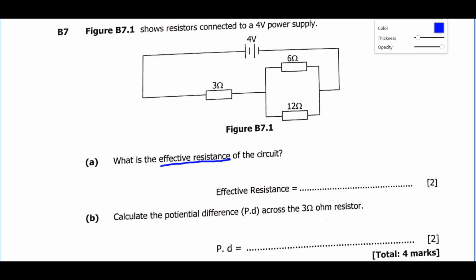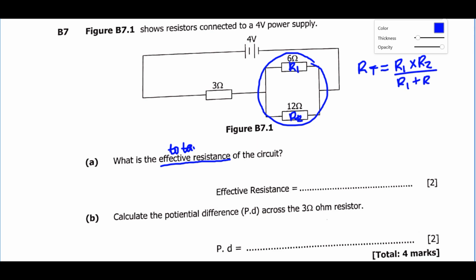Effective resistance is the same as total resistance. First I'm going to find the total resistance of these two connected in parallel. This is my resistor 1, my resistor 2. To find total resistance, I'm going to use this formula: resistor 1 times resistor 2 over the sum of these two resistors. To use this effectively, make sure you only have two.